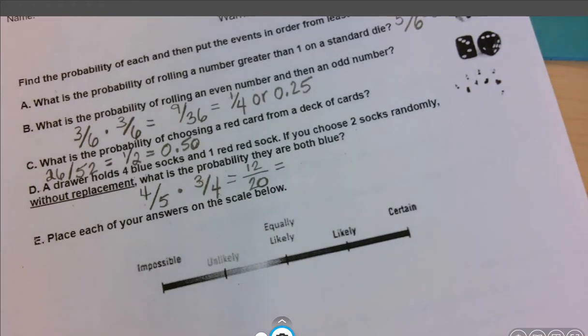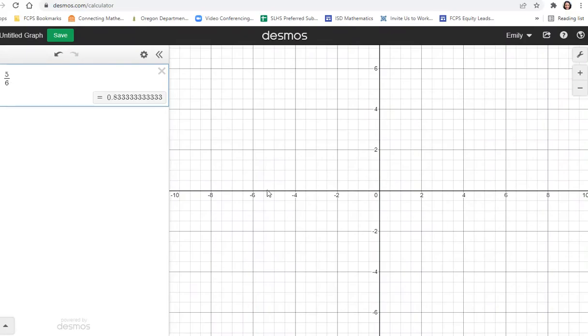You can simplify in your head, or you can simplify on Desmos. All right, so I've got 12 over 20. To the left of my fraction, there's a little fraction. I click on that one, it gives me 3/5. I can leave it as 3/5, or the decimal 0.6.